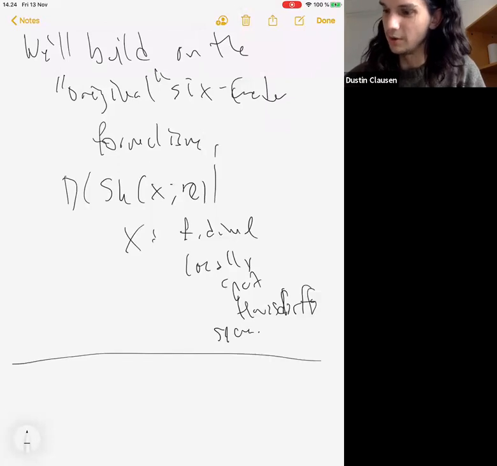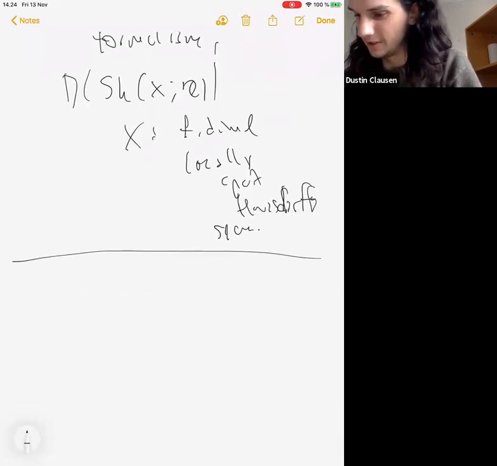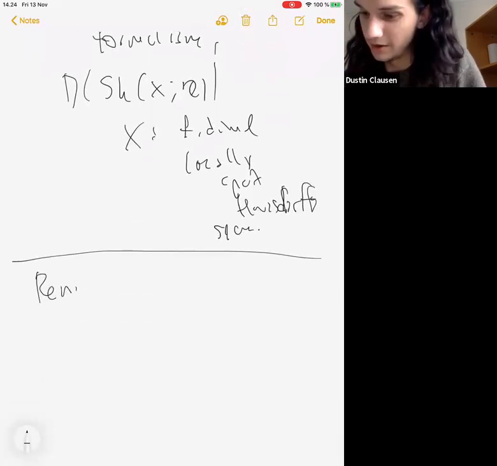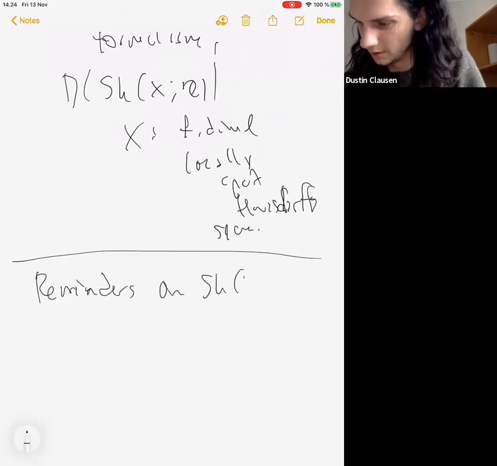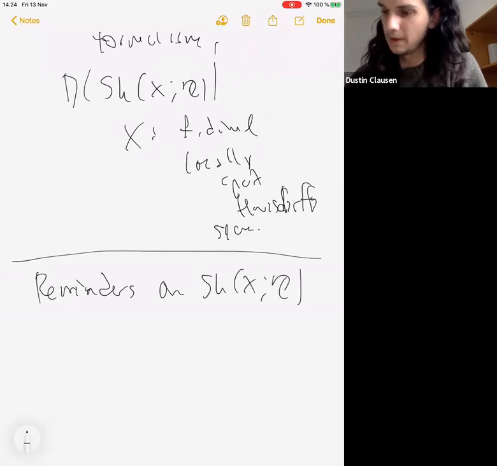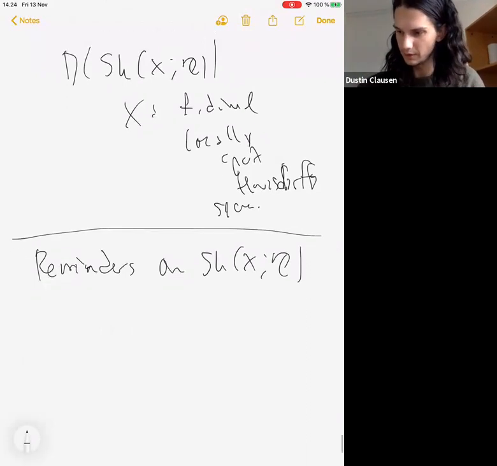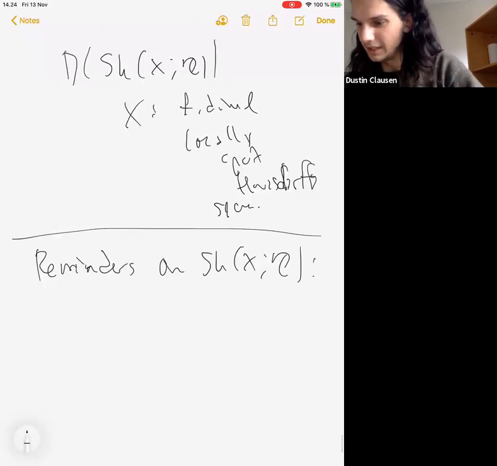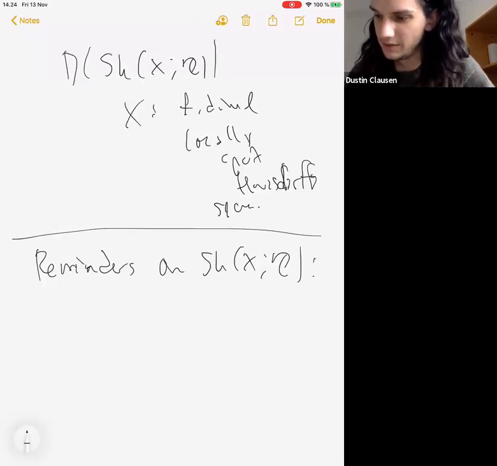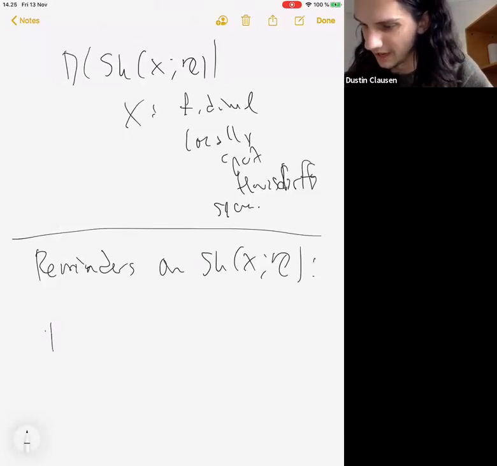So I'm going to start with some reminders on derived categories of sheaves, or if you don't know, it will be an introduction. For this section, X is always going to be a finite dimensional locally compact Hausdorff space. Well, it's an abelian category, this category of sheaves of Z-modules, so we can take its derived category.